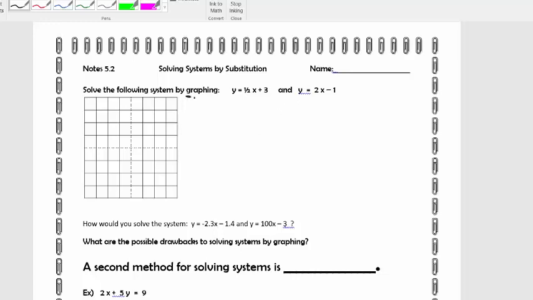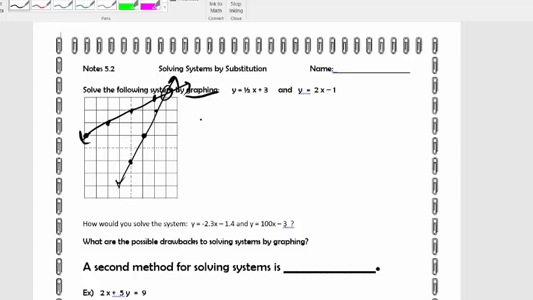So before, all we know really is how to graph the system, and then we look for the intersection. So really quick, if you were to try to do this with graphing, we start at 3, we go up 1, right 2, down 1, left 2, and then we're going to graph 2x minus 1. We're going to draw our lines. All right, so this has not happened to us yet, but our intersection is off grid and might not be very accurate.